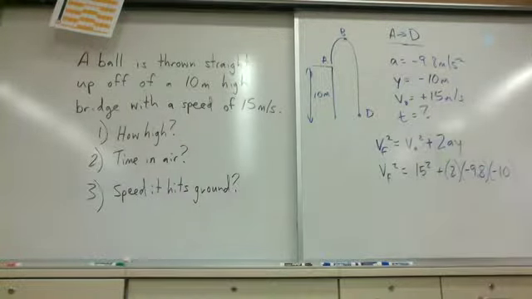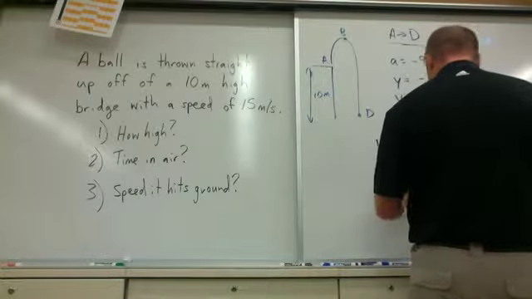This is supposed to be a plus: 15 squared plus 2 times 9.8 times 10. I take the square root, and I get 20.5.